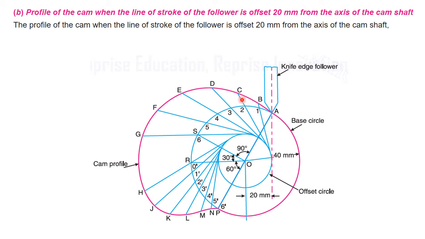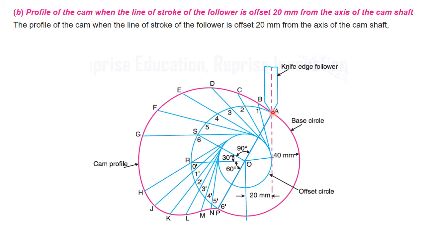The line passes through 0' and is tangent to the inner or small circle. Again we draw the line passing through 1' tangent to the small circle, and that line is extended beyond the base circle.